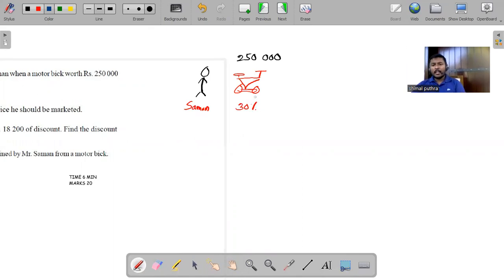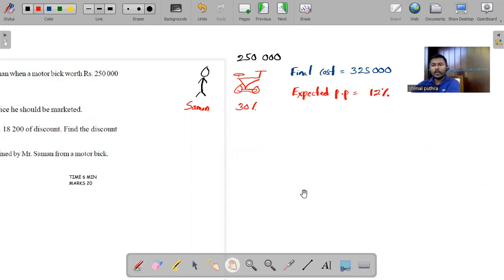So already the final cost he paid is 325,000. His expected profit percentage is 12%.